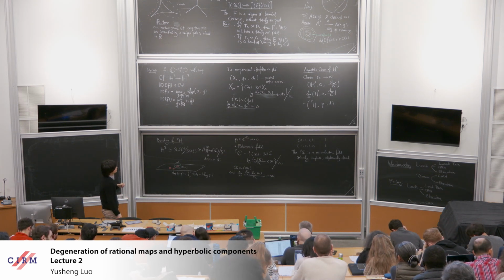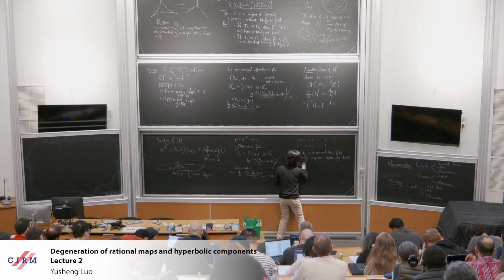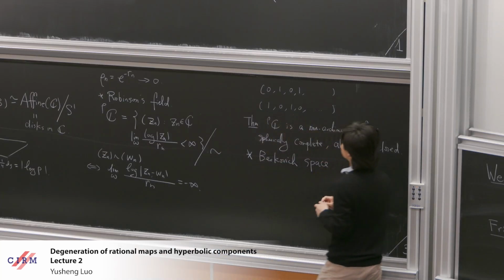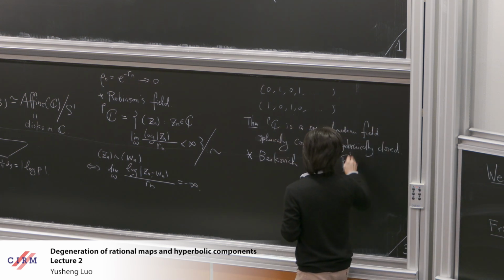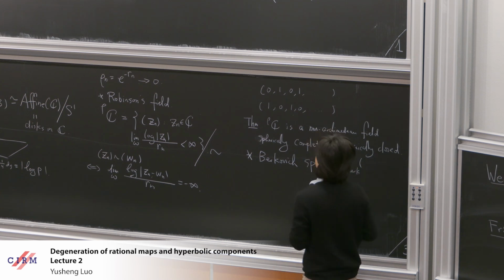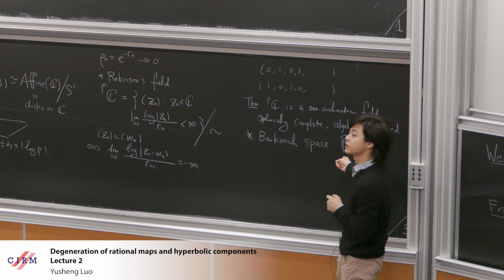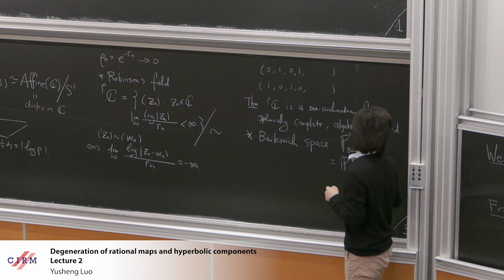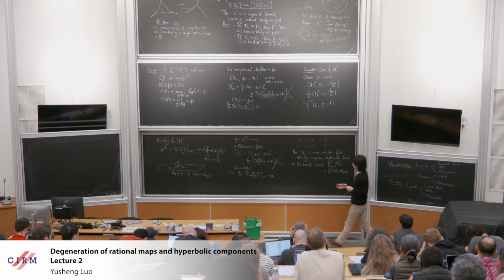All right, and then we can look at the Berkovich space, or the Berkovich P1 of this field. We denote that by P1 Berk of rho C. And it consists of all these classical points, which is just P1 of rho C, union the hyperbolic part. So what are they?